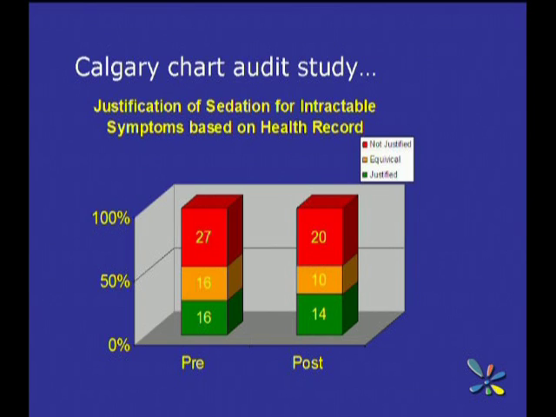We looked at situations in which there was clear justification for the use of palliative sedation, and we found that for a significant portion, probably over half, we couldn't find evidence in the chart that their symptoms were in fact intractable, that there were other things that could easily have been entertained.